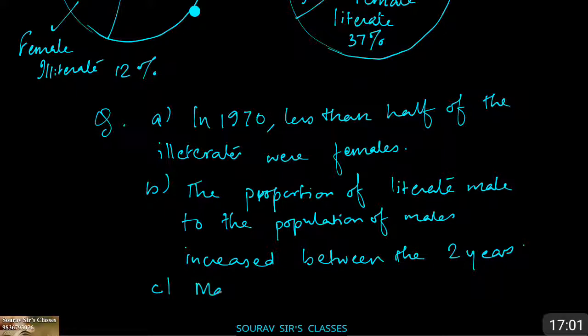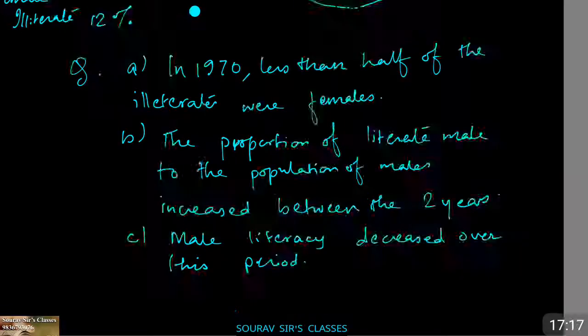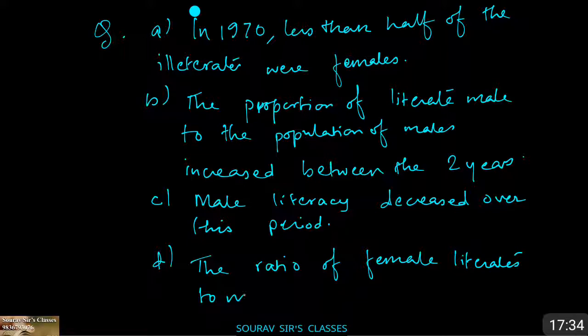C. Male literacy decreased over this period. Option D. The ratio of female literates to male literates improved significantly over this period.